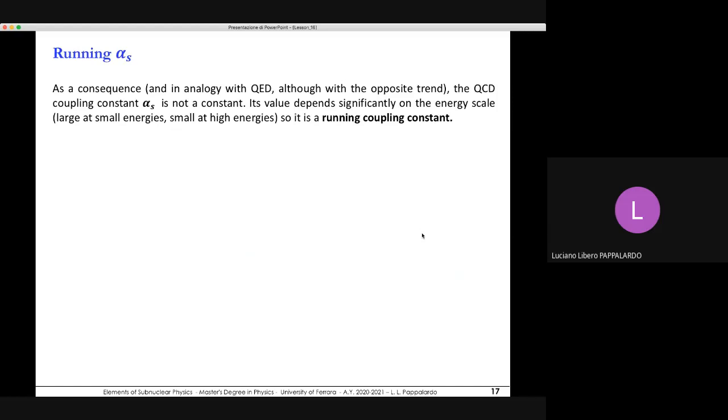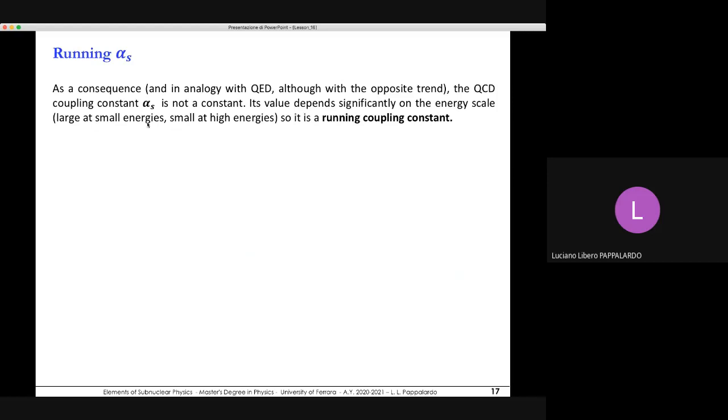There is, of course, a consequence of this, as I was already mentioning, in the behavior of the strong coupling constant alpha S. As a consequence, and in analogy with QED, although with the opposite trend, the QCD coupling constant alpha S is not a constant, but a running coupling constant, because its value depends on the energy scale.